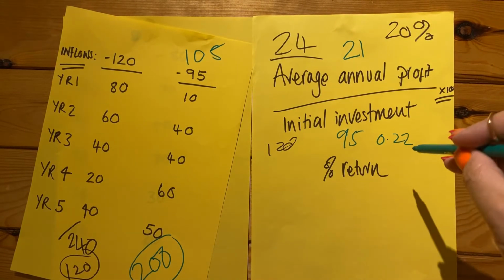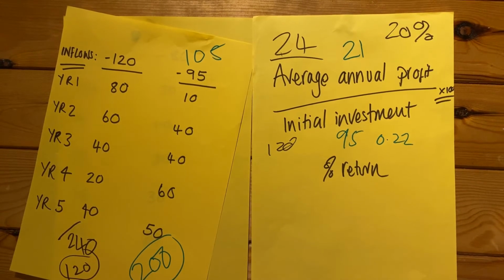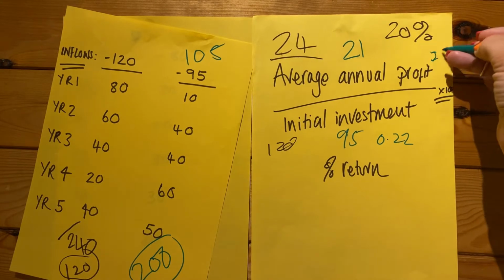Alexa, what's 0.2211 times 100? Alexa, what's 0.22 times 100? 0.22 times 100 is 22. Yeah, okay. So our answer's 22%.